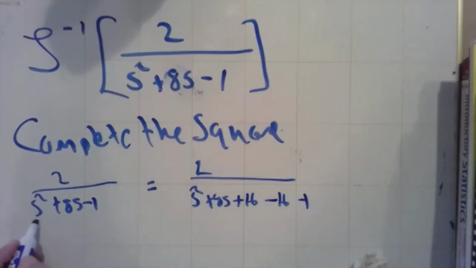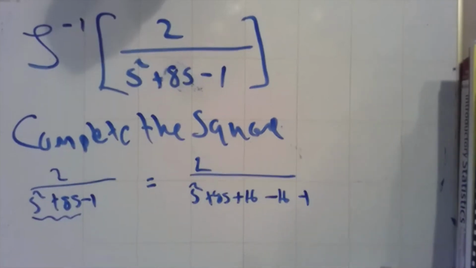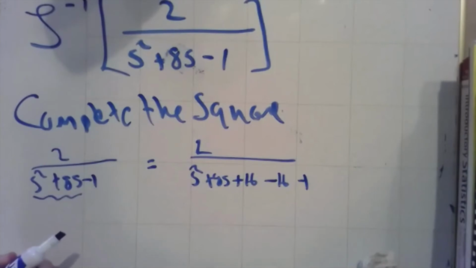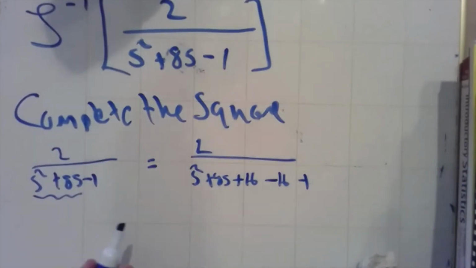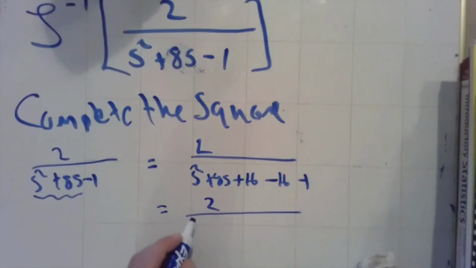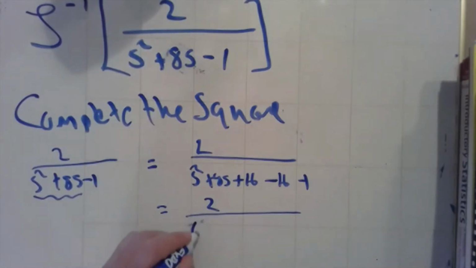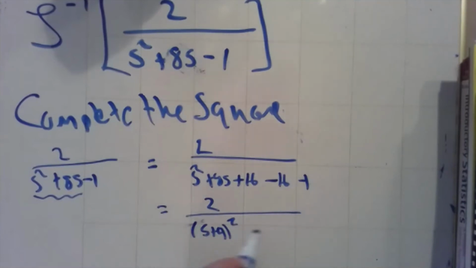So use the first two guys to complete the square by taking half the middle number, squaring it, adding it, and subtracting it out. So that will be s plus 4 squared. And then I got a minus 17. So I'm going to write that as minus the square root of 17 squared.